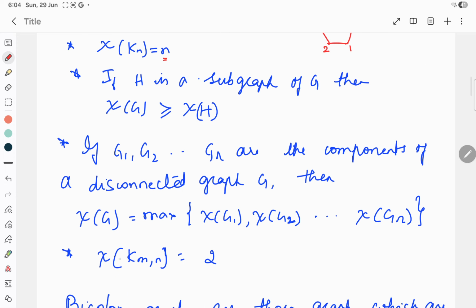Next, consider the chromatic number of the complete bipartite graph K M,N. This is equal to 2 because it has two sets of vertices where there is no edge between any two vertices from the same set. So all the vertices from one set can be colored with one color, and all the vertices from the other set can be colored with the other color. So therefore it is 2.